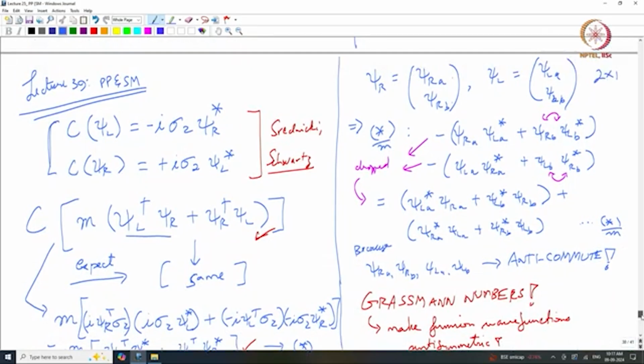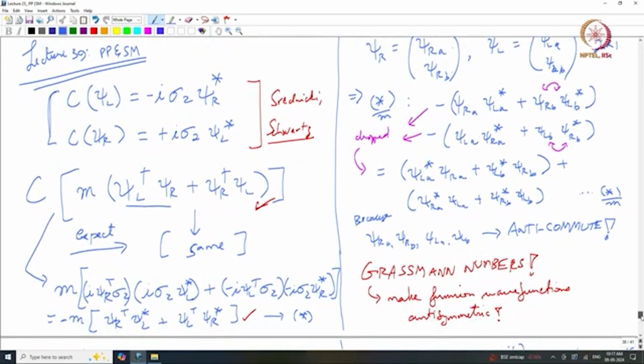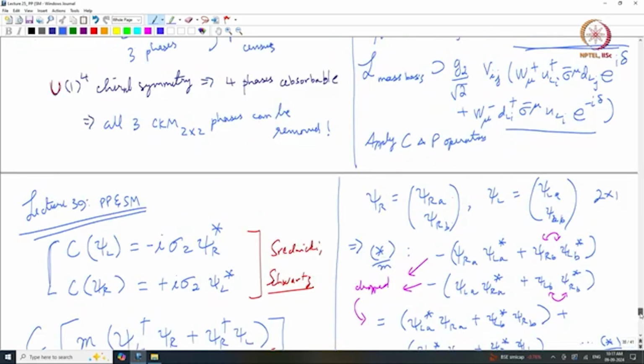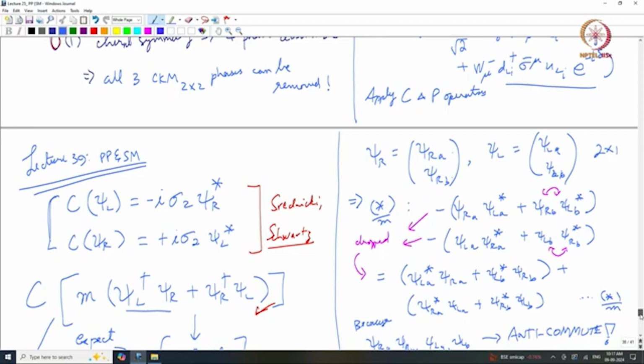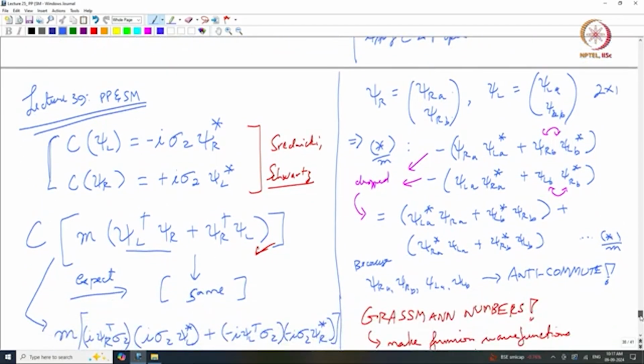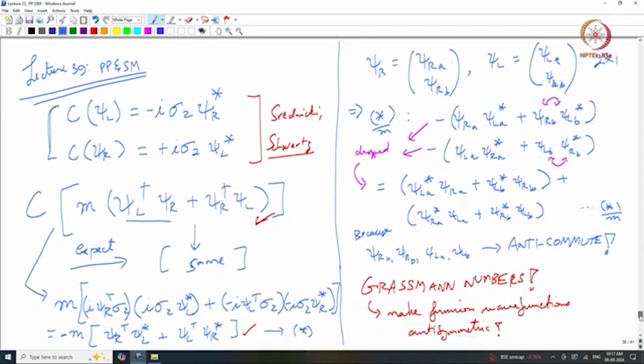We worked that out carefully, but in that process we learnt about Grassmann numbers. We learnt that you have to populate two spinors with anti-commuting variables, okay.